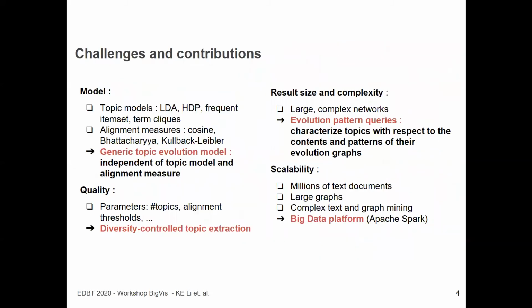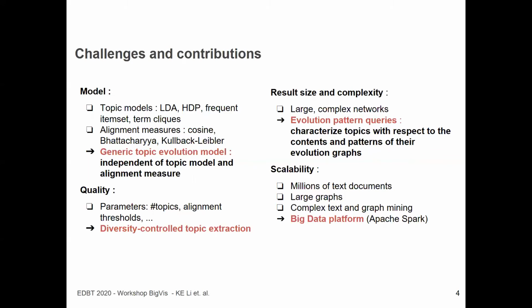Existing evolution network-based frameworks mainly can be distinguished by the chosen topic extraction methods and alignment methods. Most of the science evolution works are specific to a certain method. So, our first contribution is that we have proposed a generic topic evolution model, which is independent of any topic model and alignment measure.